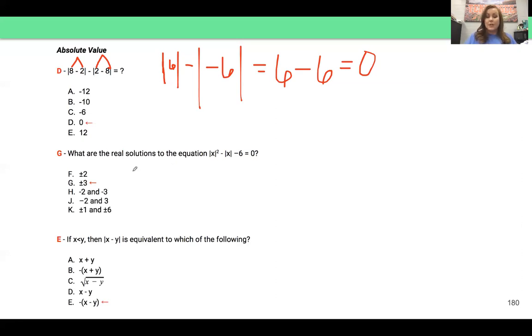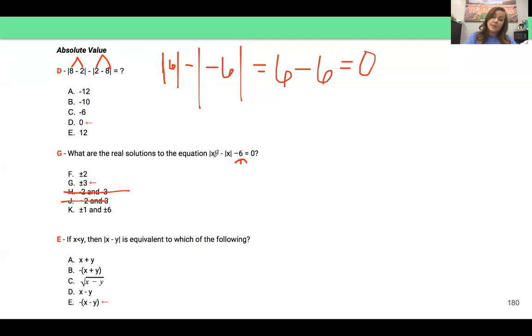The best approach here is to take the answers and plug them in. And I do look here, and my first thought is, ooh, let's try 2 and 3. And since it's absolute value, you usually have a solution that's the positive and negative of a single number. So I kind of know it's probably not going to be these. I might try 2 first. The book says work from the middle and out, so I'm probably going to go 3. And when you plug in, the positives usually always work.